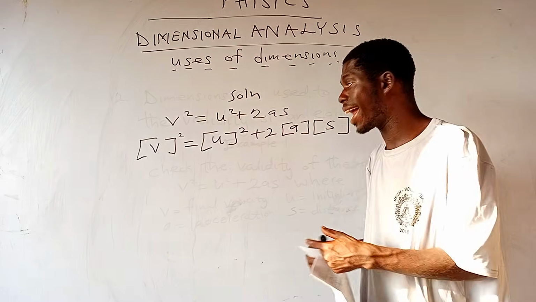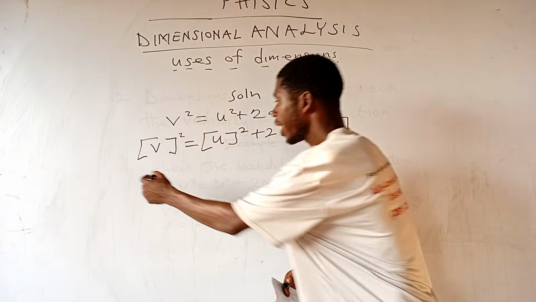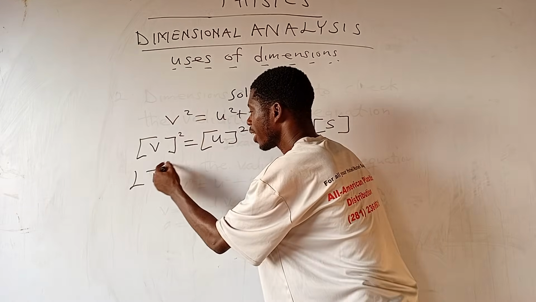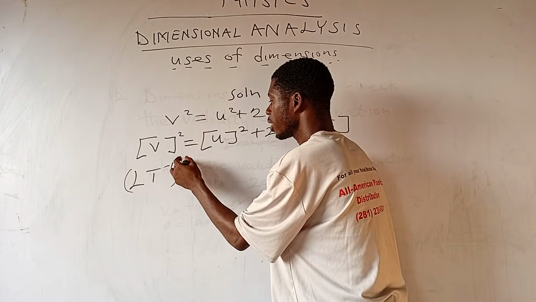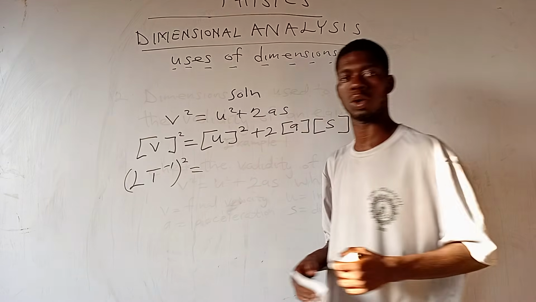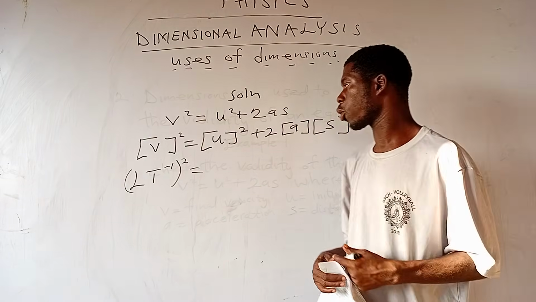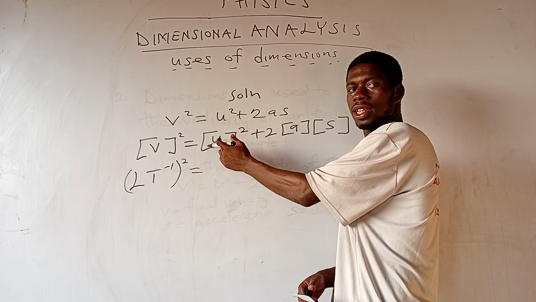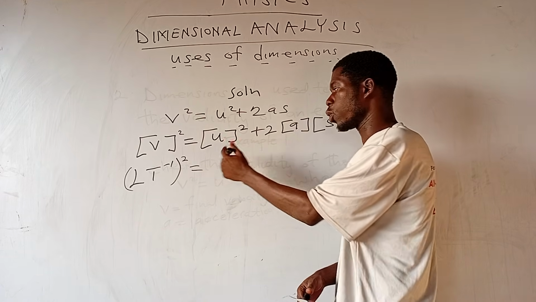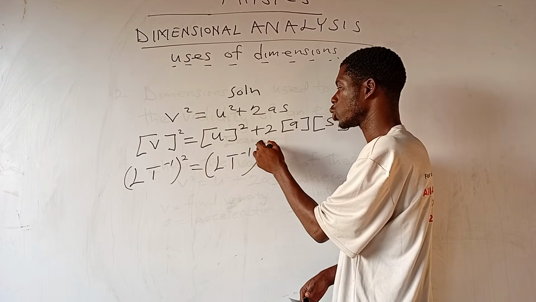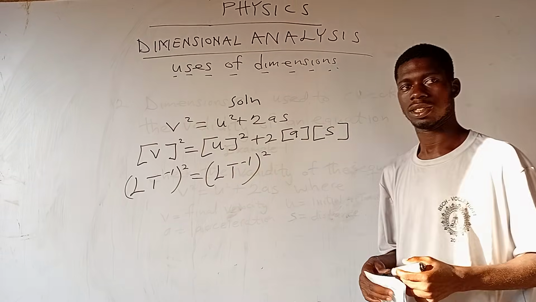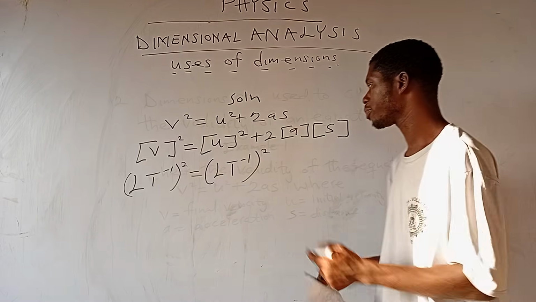Velocity is LT neg 1, but it is squared. Equal to, this is the initial velocity, LT neg 1 as well, also squared.